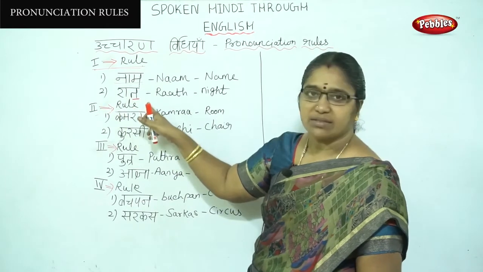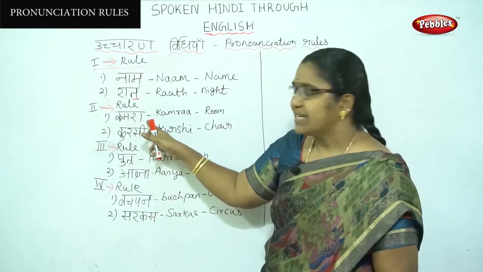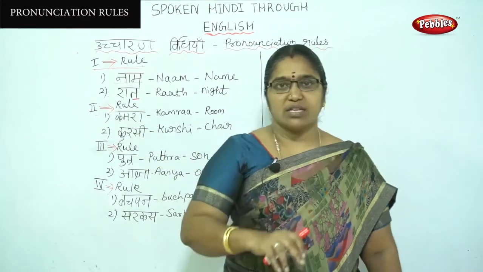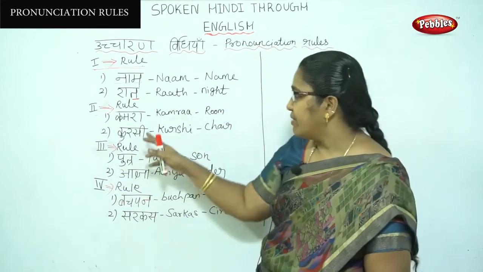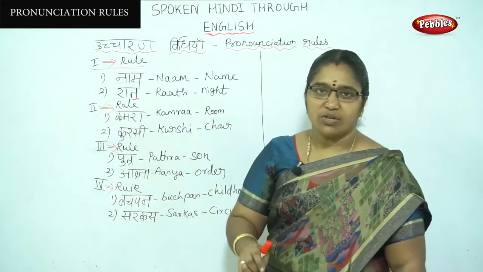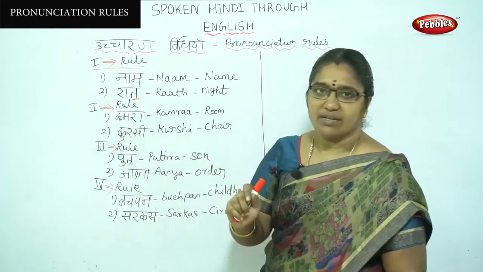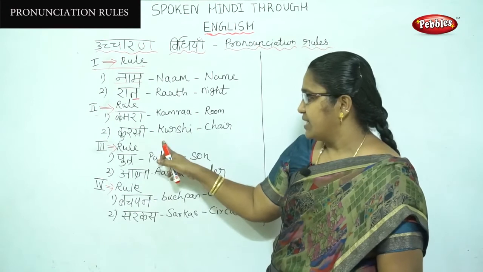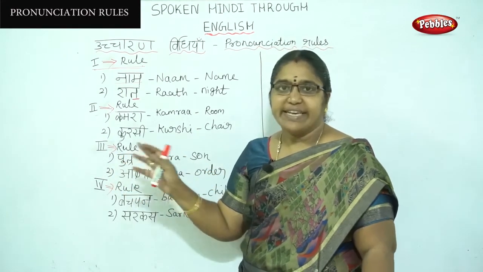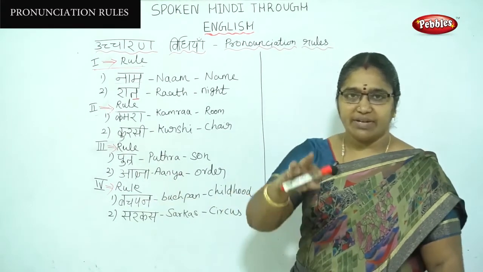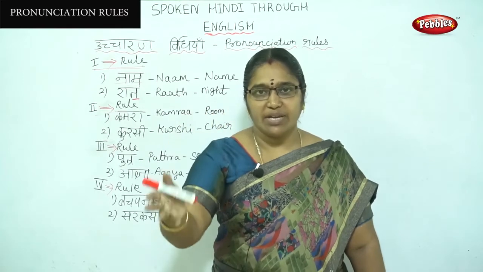Nam, rat. Okay. Then the second rule is if the last letter is a long sound, then the letter before must be a consonant with a small sound. Kamra, kursi. Then the third rule is if the word ends with a conjunct, we have to pronounce the conjunct fully.